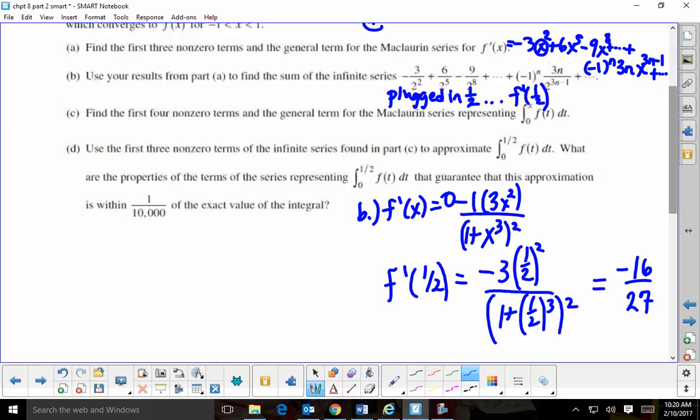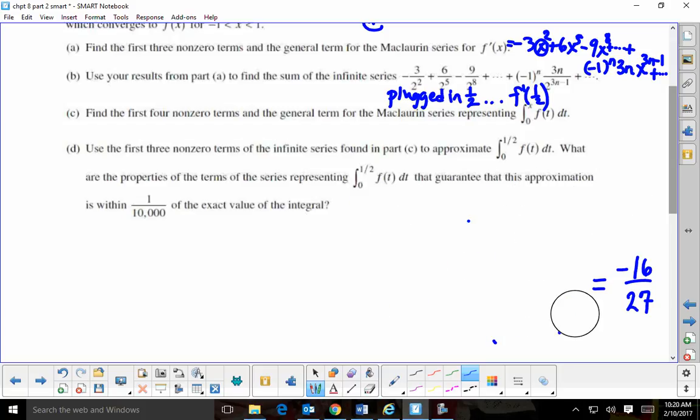Okay, so now let's go on to C. C says, find the first 4 non-zero terms in the general term for this guy.